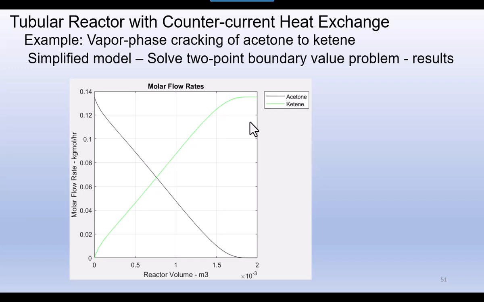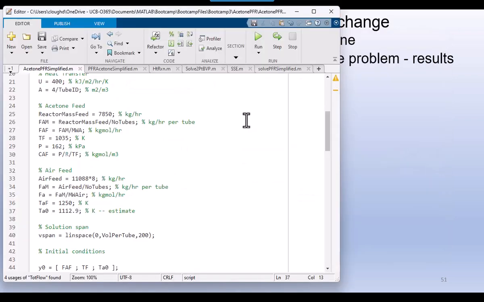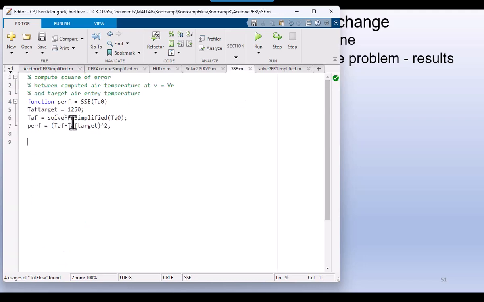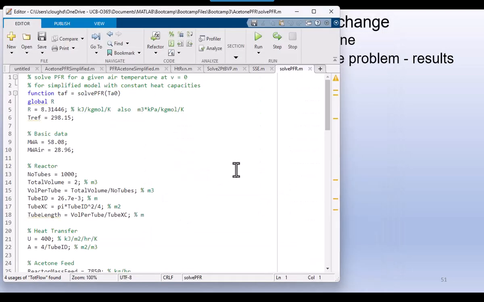So we'll come back here to our editor and we'll go over to our SSE, and instead of using solve PFR simplified, we will just use solve PFR. So we're no longer using solve PFR simplified. So we need to bring in solve PFR, just down here somewhere. Here it is.